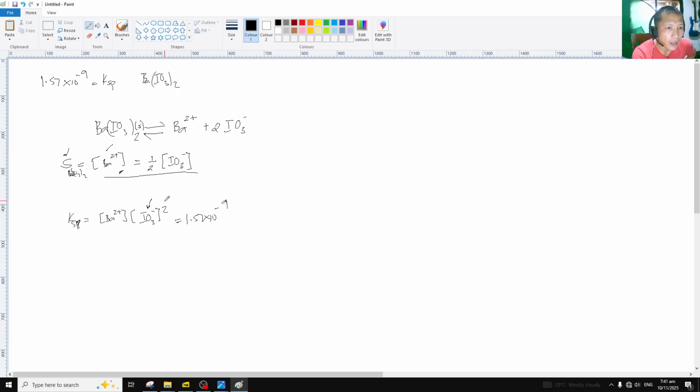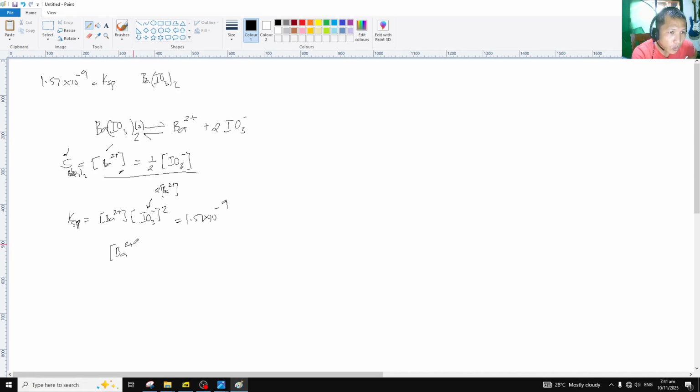So, yung iodate mo is 2 barium 2 plus. So, imumultiply mo ng times 2 yung barium, yun yung maging iodate mo. Kasi nga dito sa paghiwalay nila, dalawa yung magagawa nito, dito isa lang. So, i-multiply mo dito, yun yung magagawa na IO3, iodate. So, pwede mo na siyang palitan.